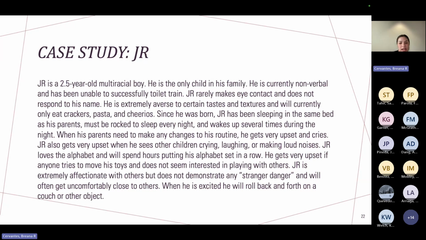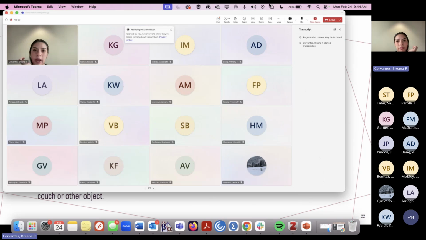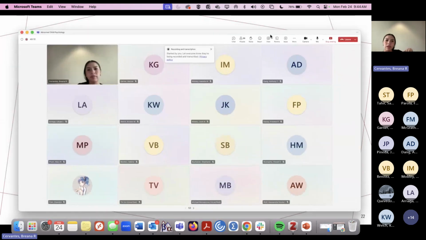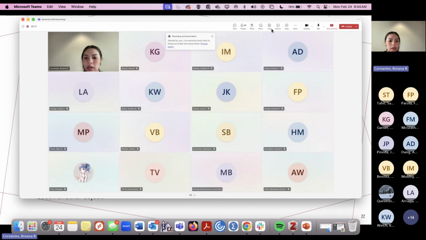Okay, I'll let you think about that for a second, and then I'm going to ask if people have any thoughts. Are you noticing any symptoms? And if you are, what is it that you're seeing? Anyone seeing anything in what the vignette is showing us?